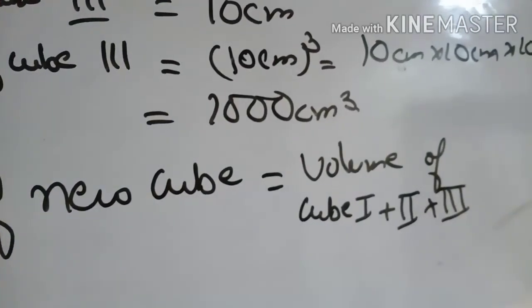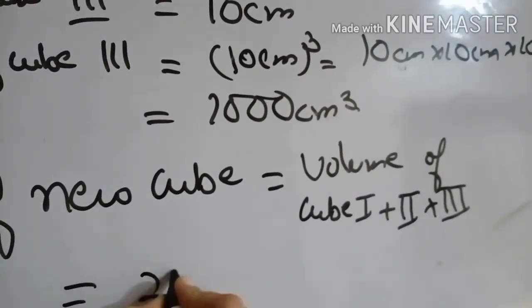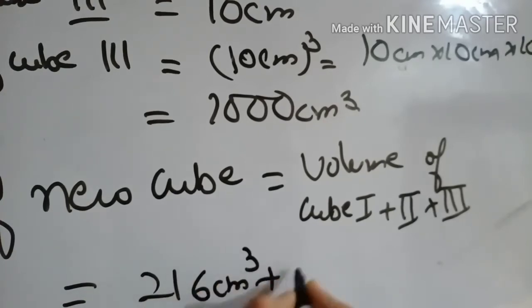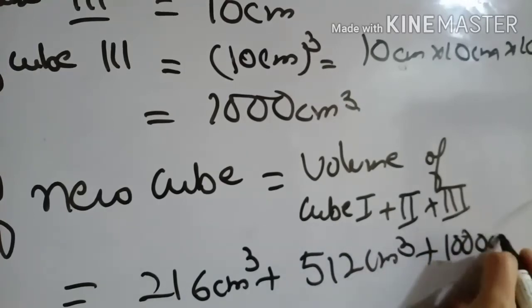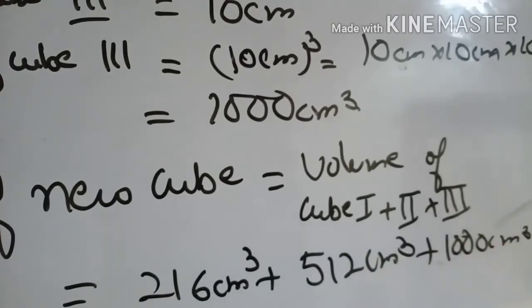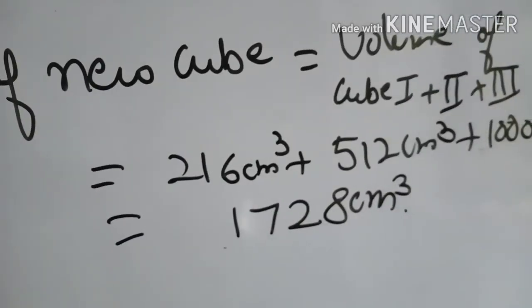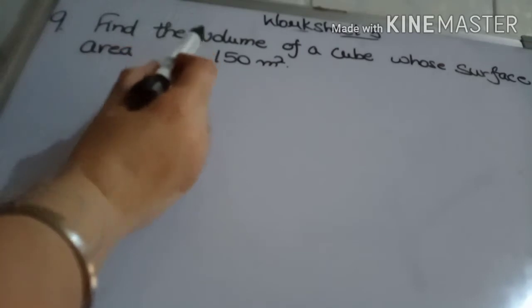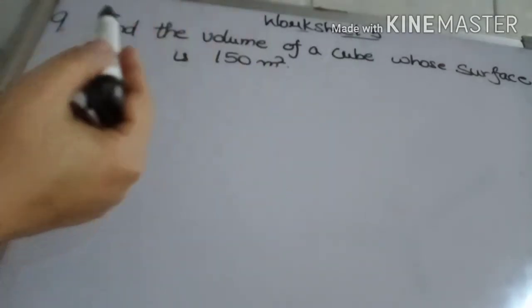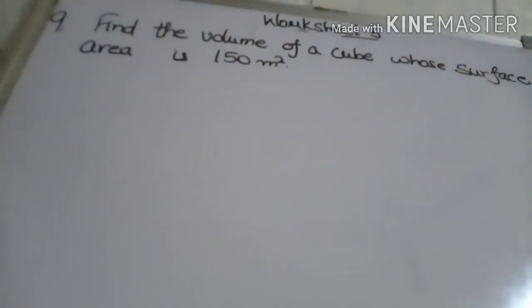If we add the volume of all these 3 cubes, means 216 centimeter cube plus 512 centimeter cube plus 1000 centimeter cube, the new volume will be 1728 centimeter cube. Hence the volume of the new cube is 1728 centimeter cube. Sum number 9.